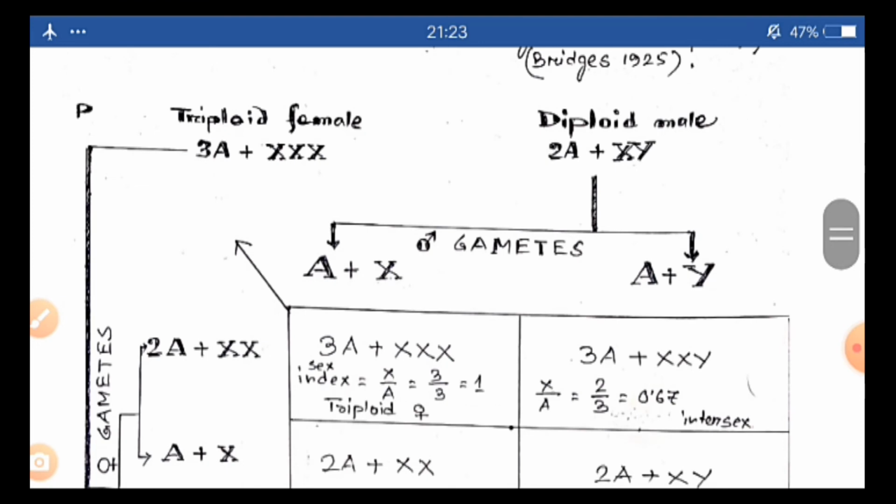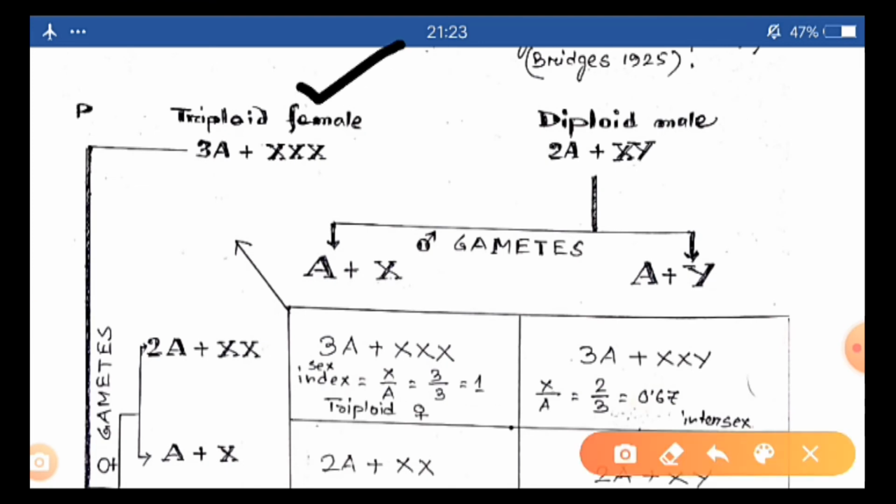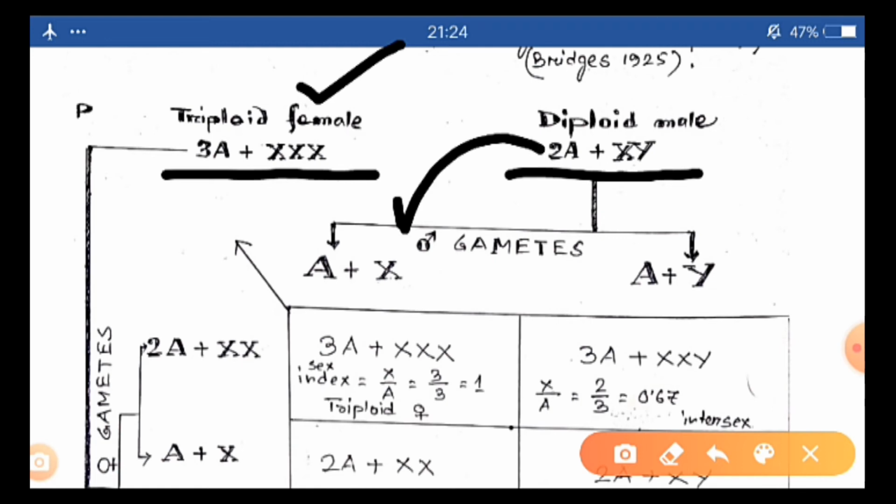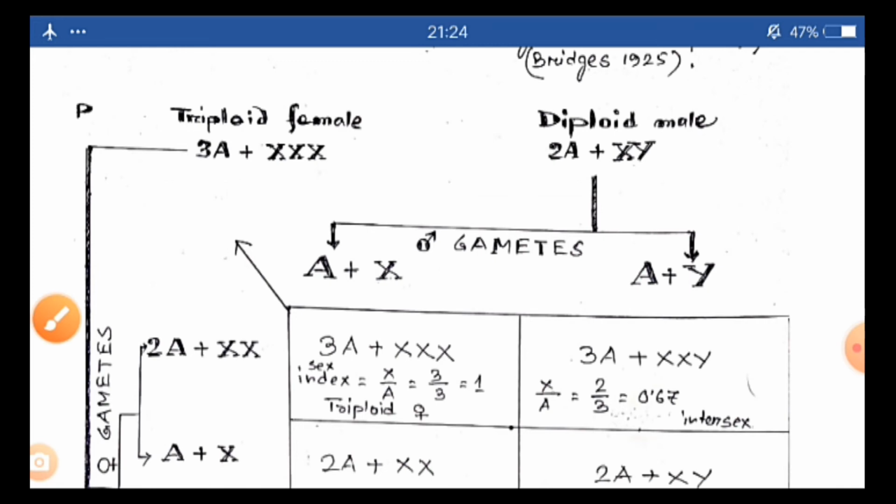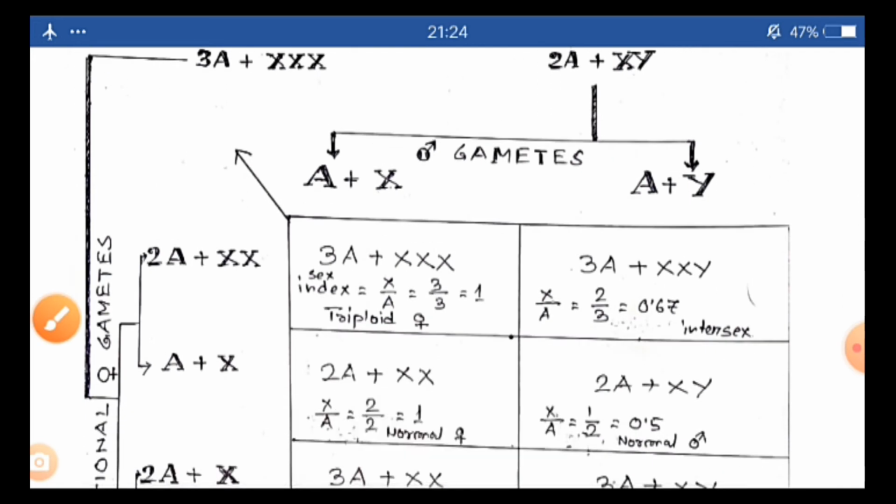So this is the cross. This is triploid female and its genotype is 3A plus XXX, and diploid male, here the genotype is 2A plus XY. So the male gametes will be A plus X and A plus Y, whereas the functional female gametes will be of 4 types, and these are like this.